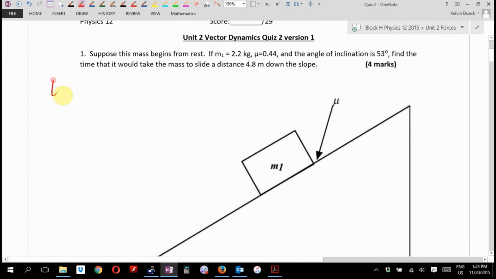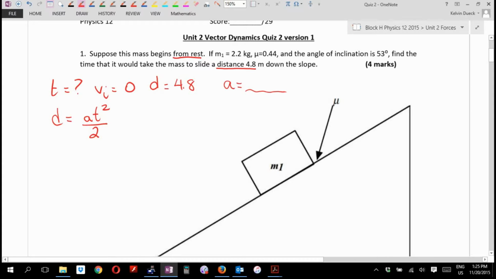Looks like this question wants me to find that. I notice they gave me... I say to myself, it seems to me if I could find the acceleration, then I could go d equals at squared over 2.